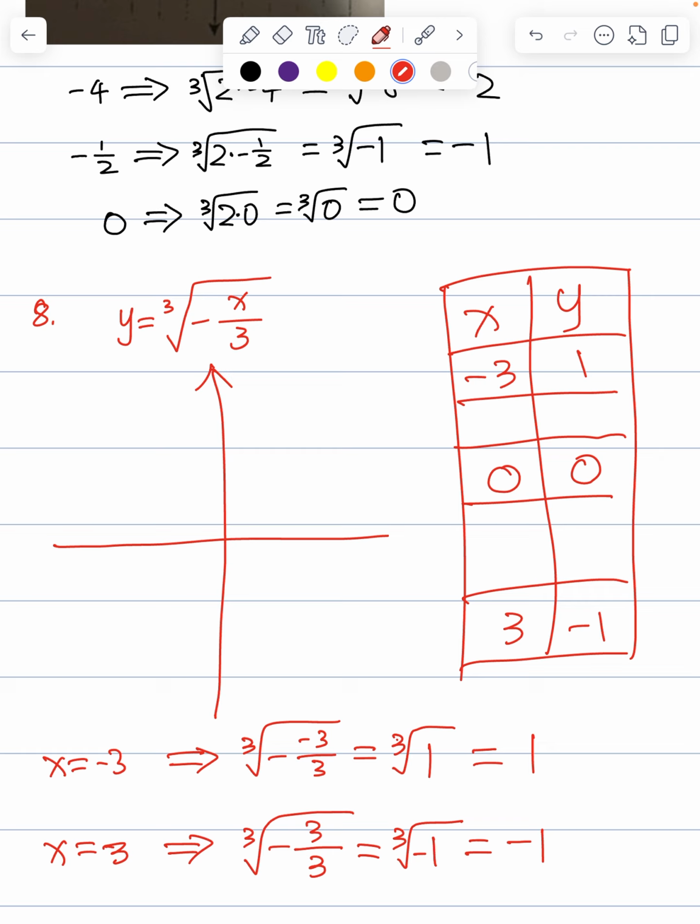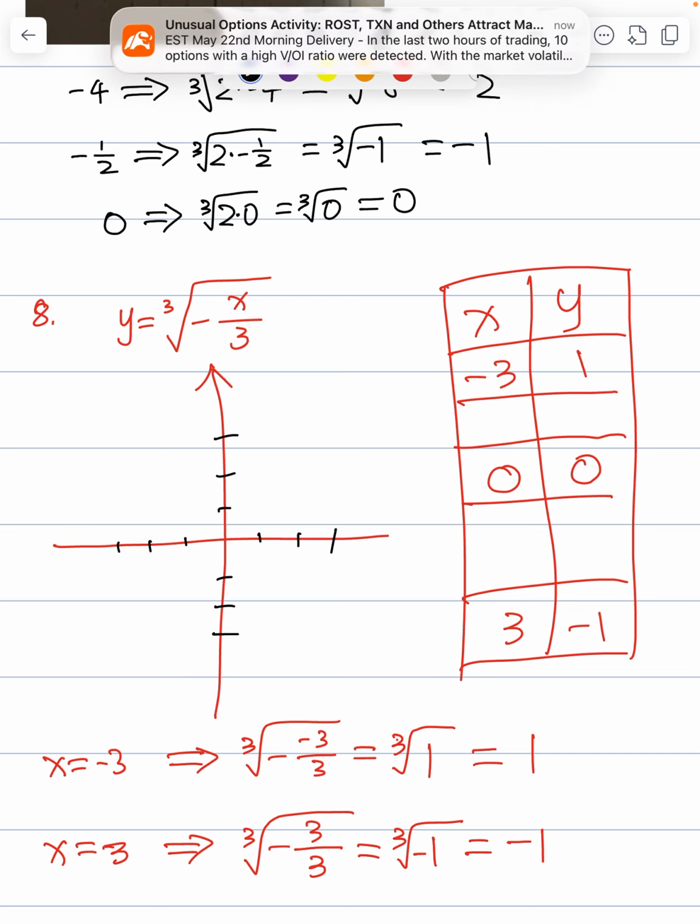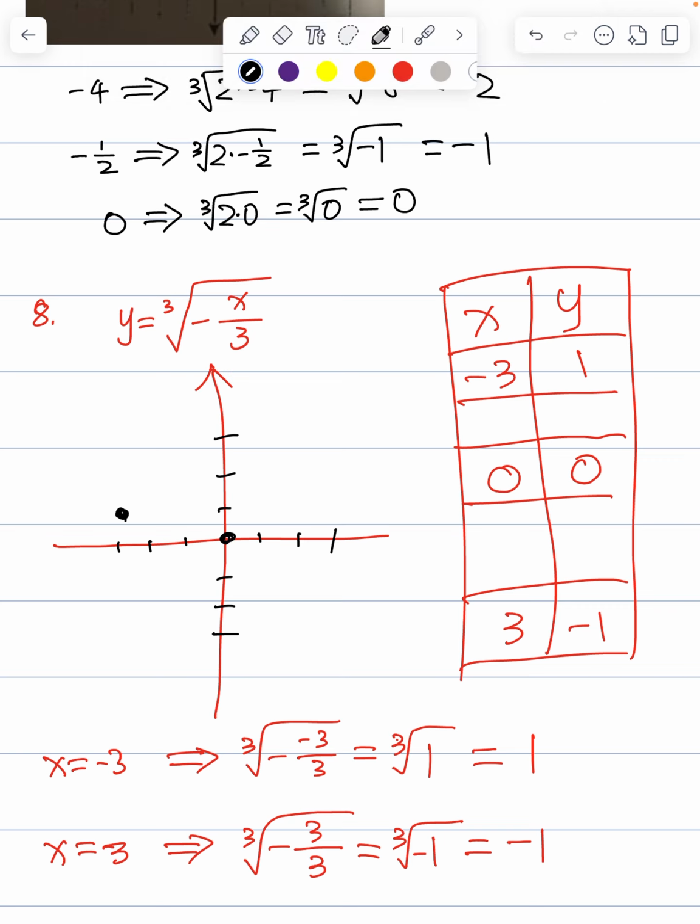So let me plot the first point. x equals -3: 1, 2, 3. First point, x equals -3, y equals 1 should be here. And then 0, 0, and 3, -1.